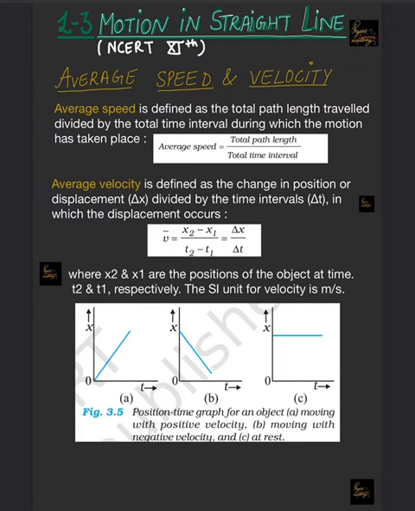This is standard notation, and x2 minus x1 gives the change in position, basically the change in displacement, not distance, displacement, upon t2 minus t1, that is delta t. Delta x upon delta t. And the SI unit we know is meter per second.